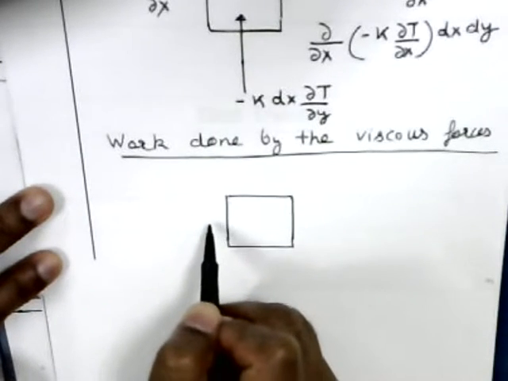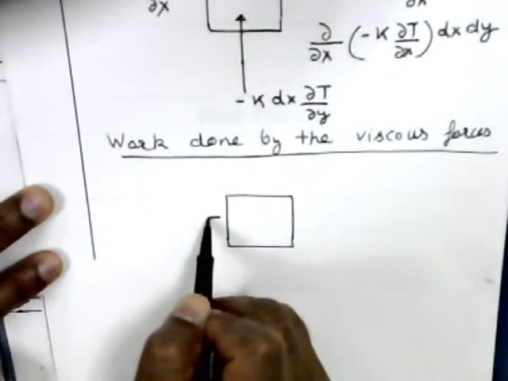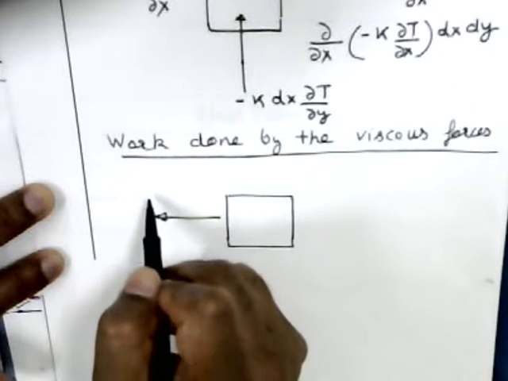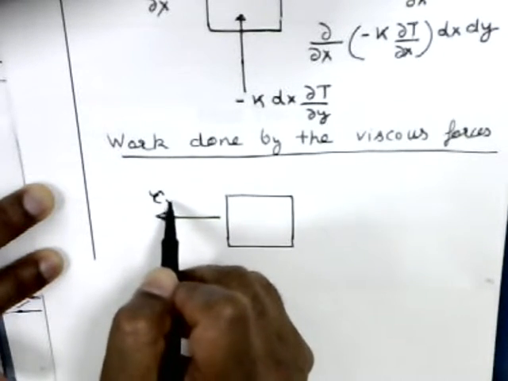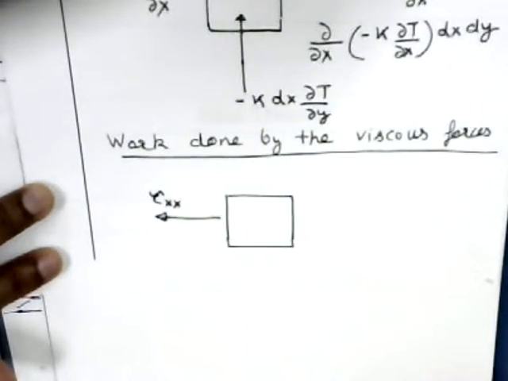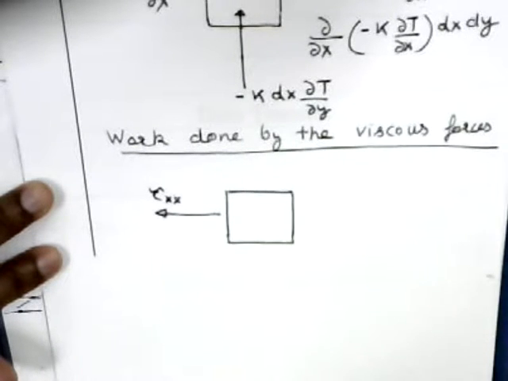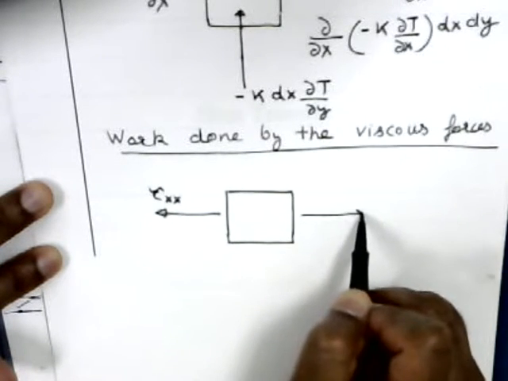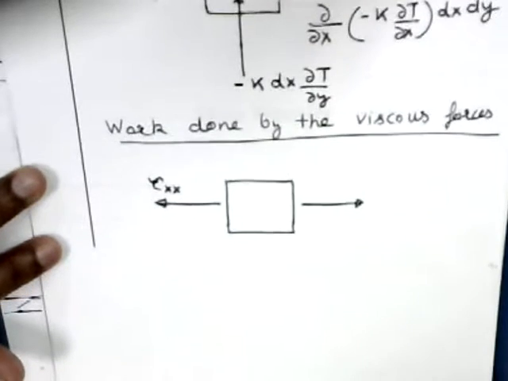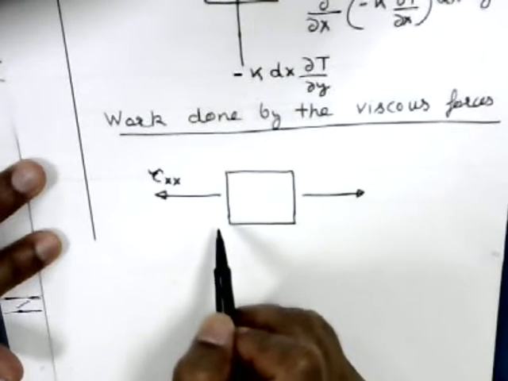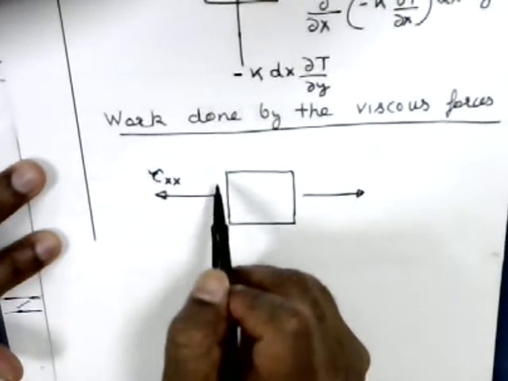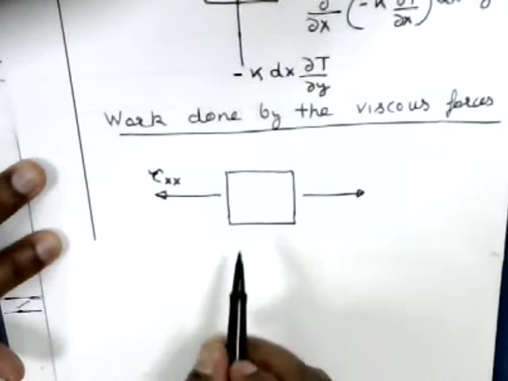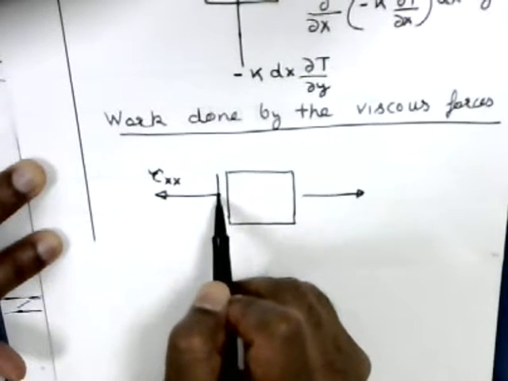And viscous forces, they are given like this. So on this face, if, say, the viscous stress is tau xx in this direction, it is going to be in this direction on the right face. And say the shear stress on this surface we show like this.